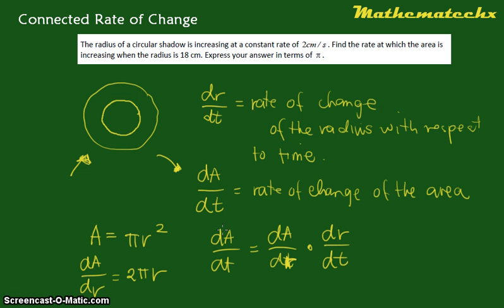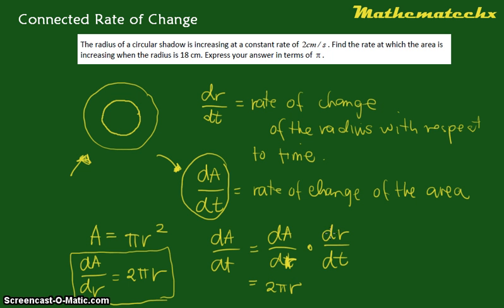So we need to split dA over dt into this expression, dA over dr times dr over dt. If we do this, then we will be able to find dA over dt. Now, let's focus on the new expression. dA over dr is the derivative of the area with respect to r, which is equal to 2 pi r.